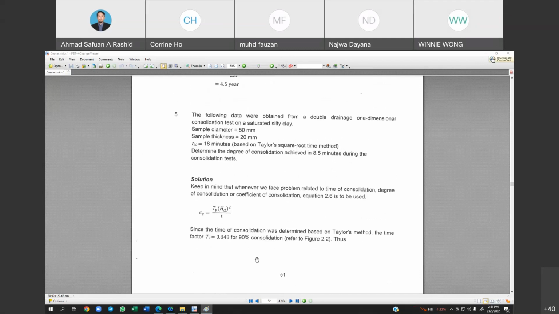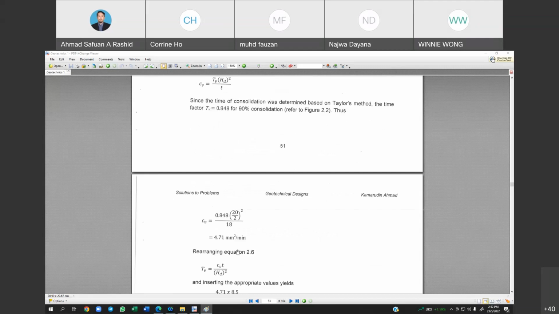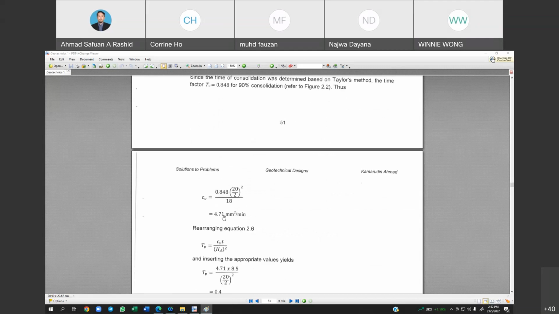We want to determine the CV value first. The consolidation will be completed after it reaches 90% of consolidation, so it doesn't require us to get to 100%. 90% is far enough. So then we get the CV value 4.71.